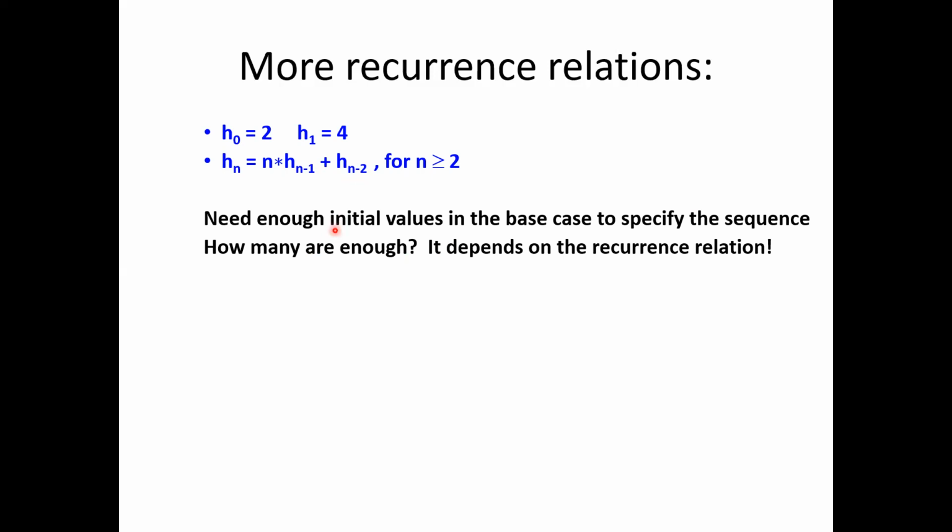You might have a general question: how many base values do you need to define so that the combination of base values and recurrence relation together define a sequence? Well, it depends on the recurrence relation, and here, 2 values suffice because the nth value is defined in terms of 2 previous ones.